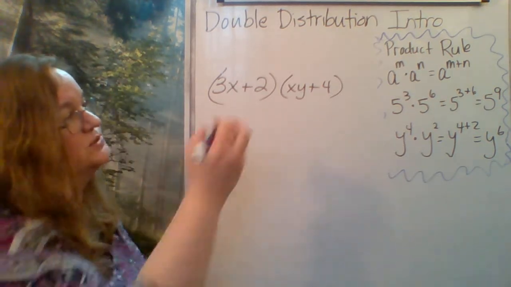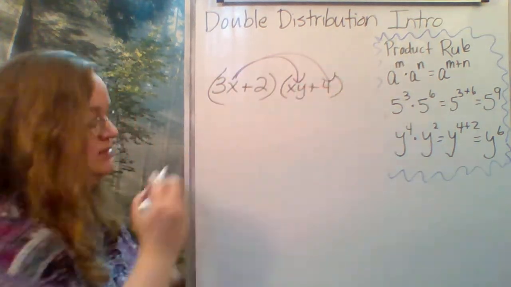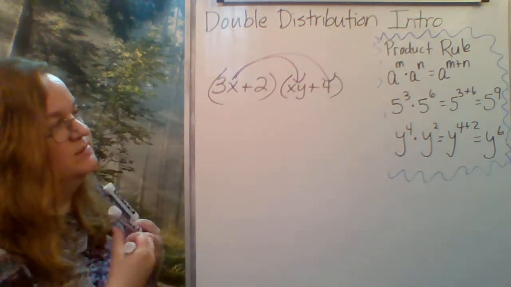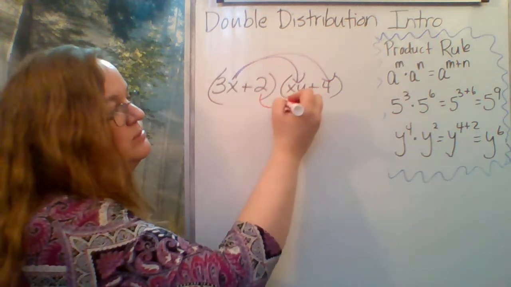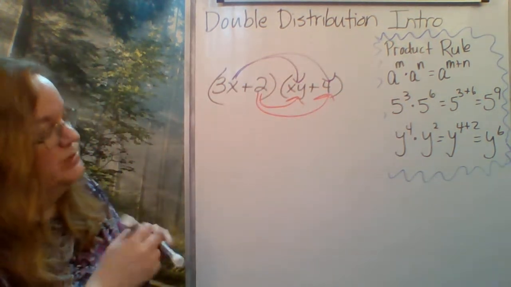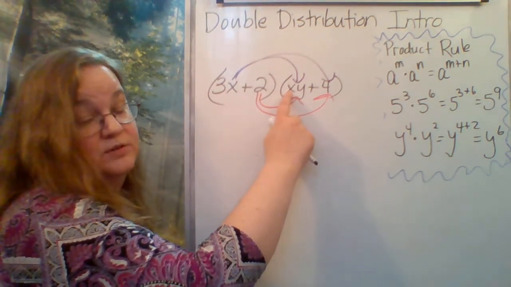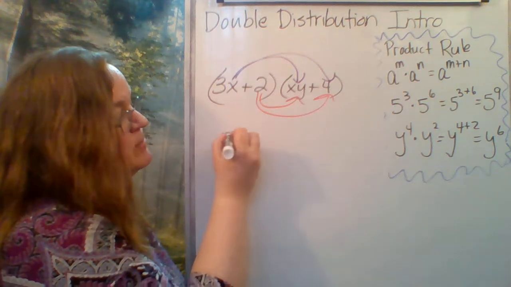I'm going to take the first term, the 3x, and multiply it by both terms in the other parentheses. And I'm going to do the same thing with the 2 and multiply it by both things in the other parentheses. So when I take a look, 3 times 1, because the coefficient would be 1, is just 3.